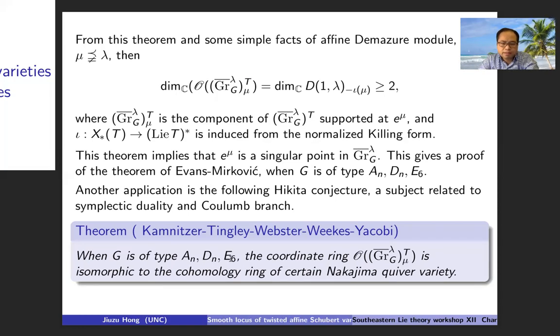When G is of type A, D, E6, the coordinate ring is isomorphic to the cohomology ring of a certain Nakajima variety. Let me not get into the detail of which variety it is. In their paper, they actually claim it for all simply laced types, but that's not exactly correct because the isomorphism is still not known for type E7 and E8.